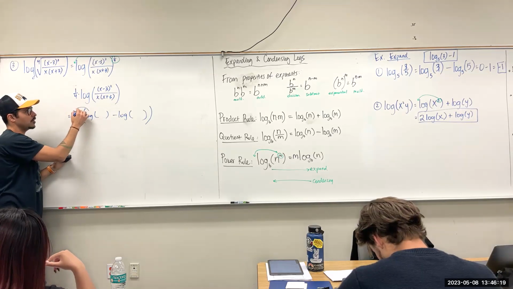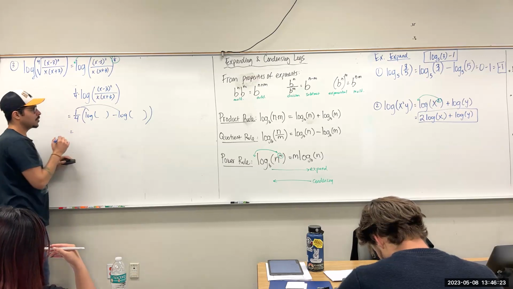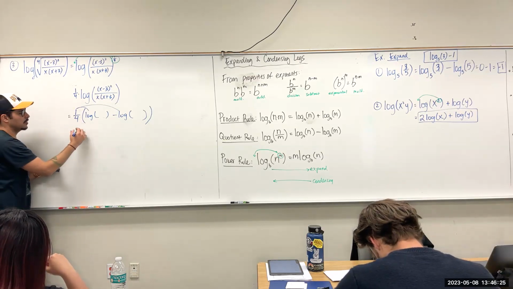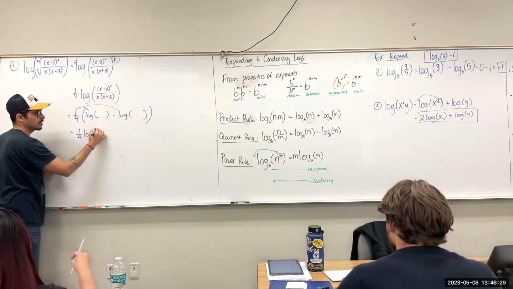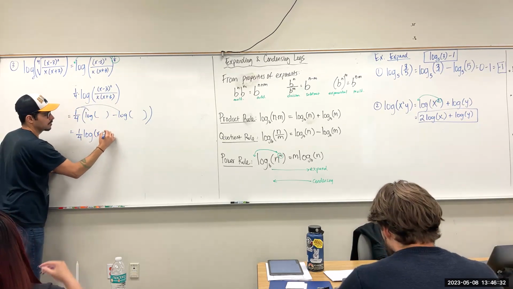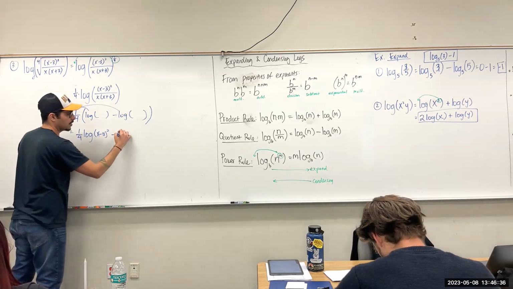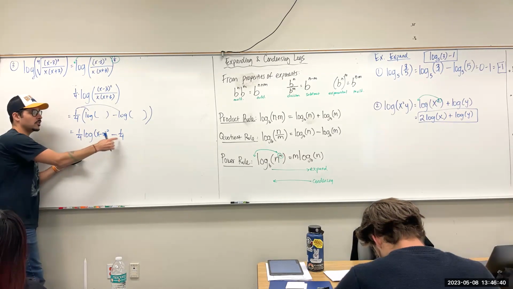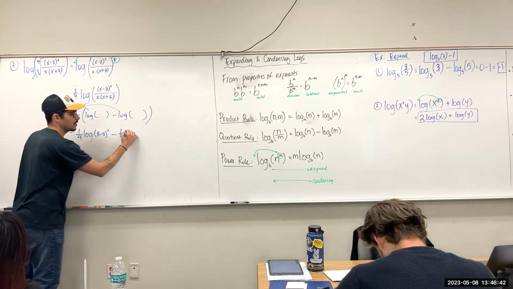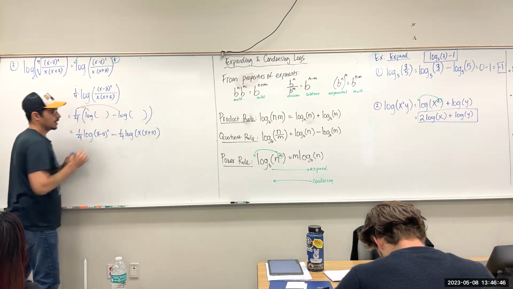So that 1/4 needs to get distributed in there. The textbook won't do that though. They're just going to write it as 1/4 log of the top minus 1/4 log of the bottom. That's where you might get frustrated with your answer being wrong, if you forget that 1/4. So be careful.